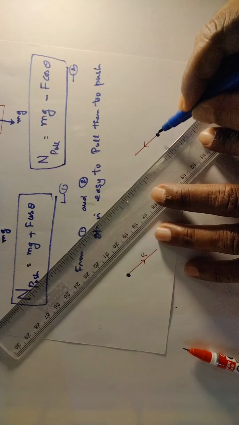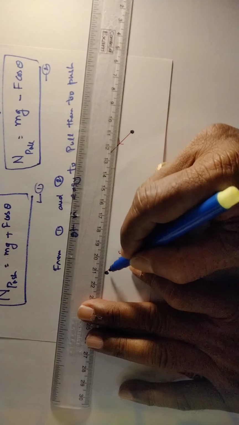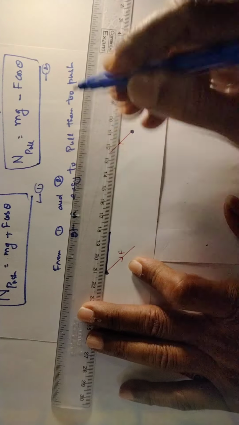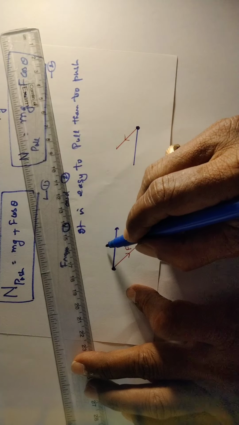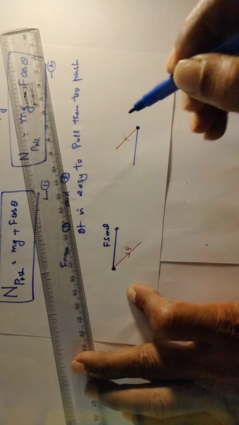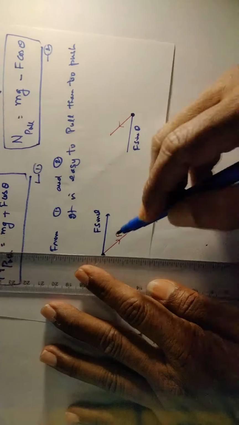Now resolve this F into two components. One is F sin theta, horizontal, then F cos theta, vertical.